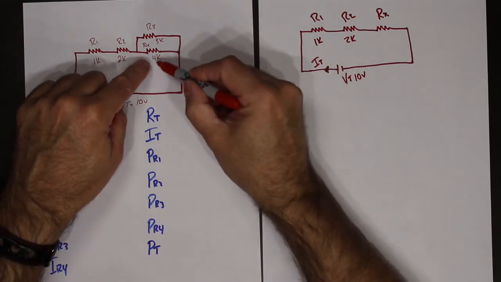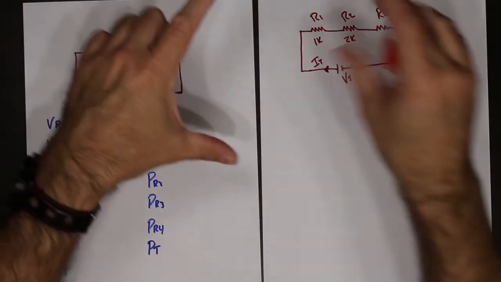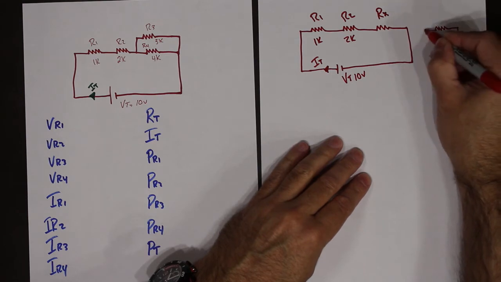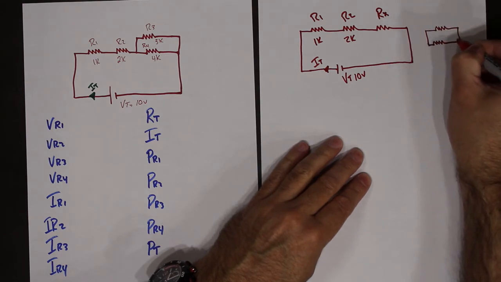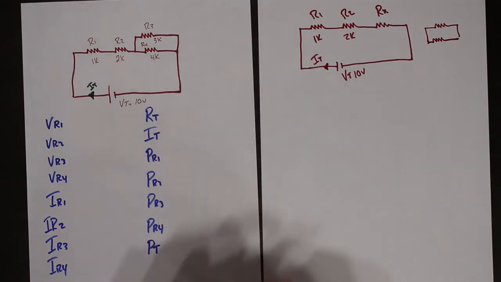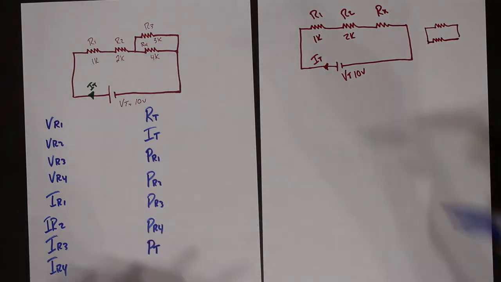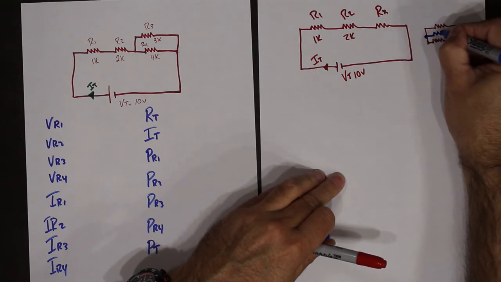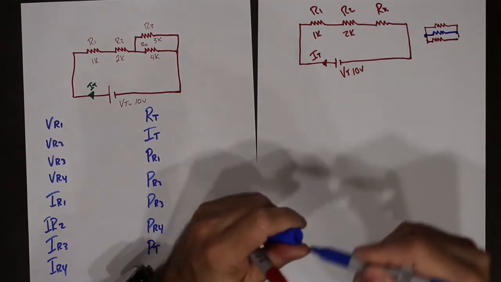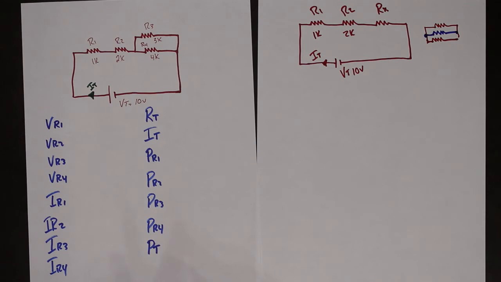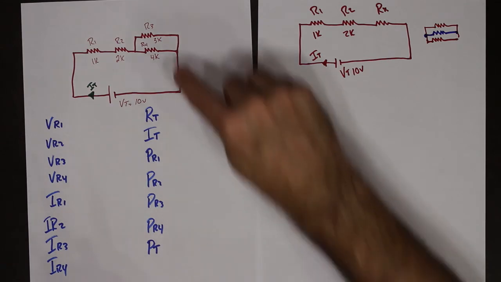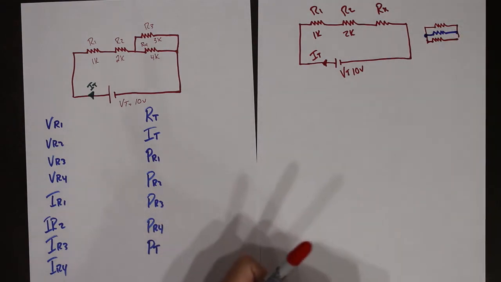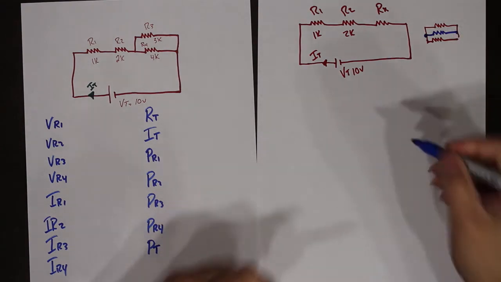So remember, we extract this out of the circuit. Rx is going to be the equivalent of those two. So here's Rx, the equivalent of those two. 3K and 4K in parallel gives us Rx.